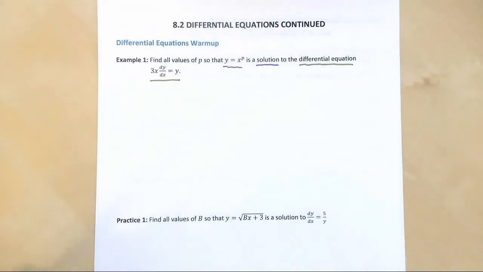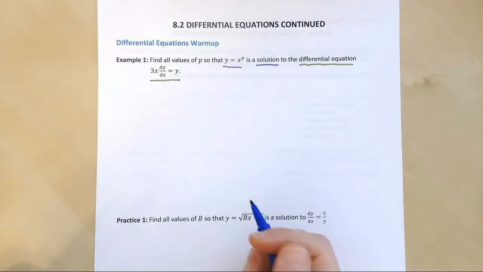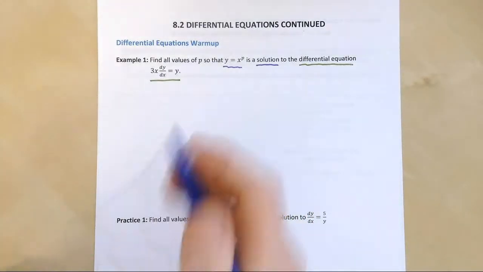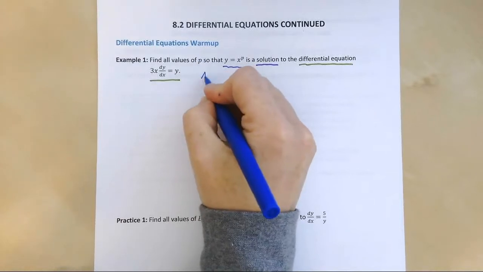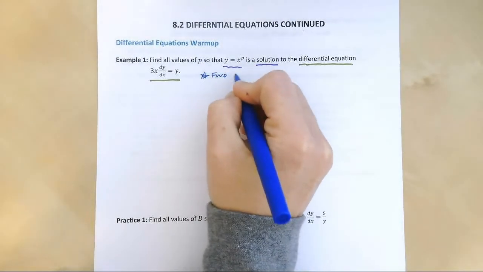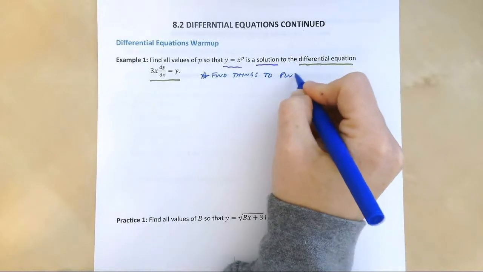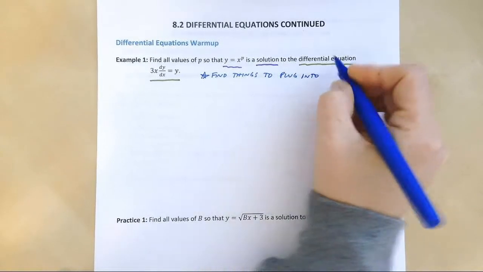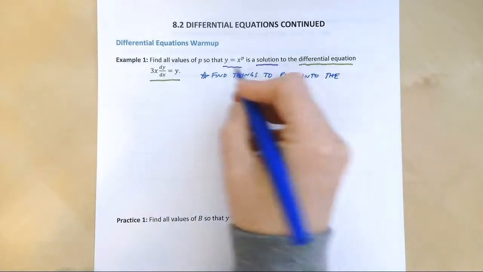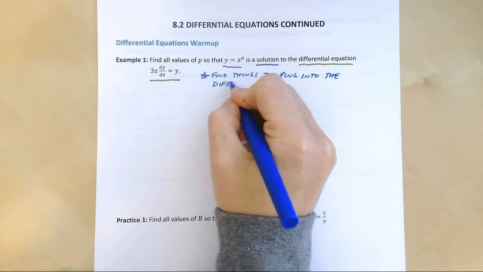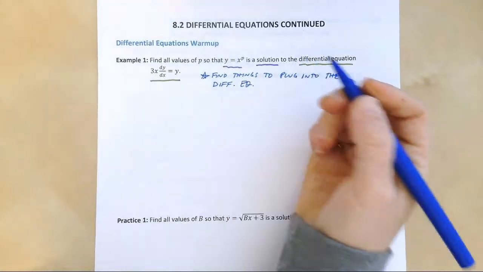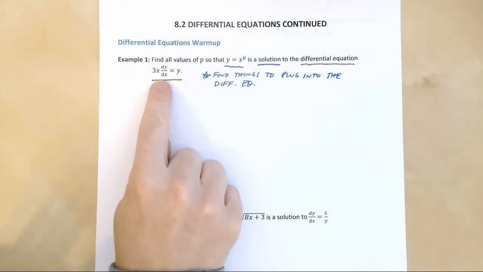If you recall what we did yesterday, we need to find things that we can plug into the differential equation. So we need to find things that we can plug into this.